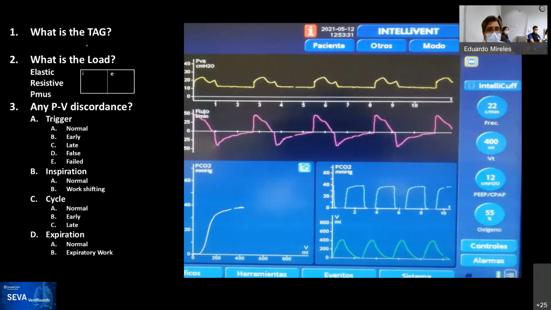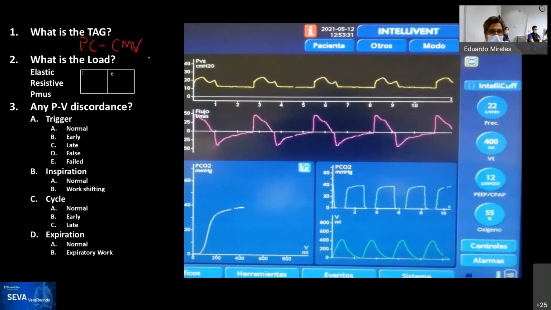Okay. So looking at the waveforms, I think the pressure waveform is more controlled than the flow, and I go with PC for the control variable. Looks like all the breaths, for the most part, are triggered by the machine. So that makes it CMV.